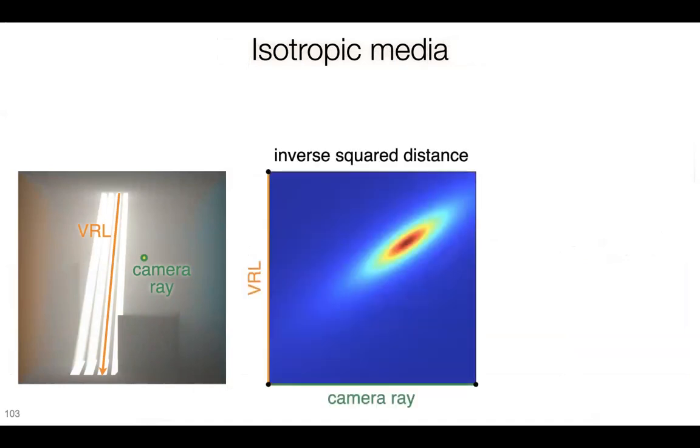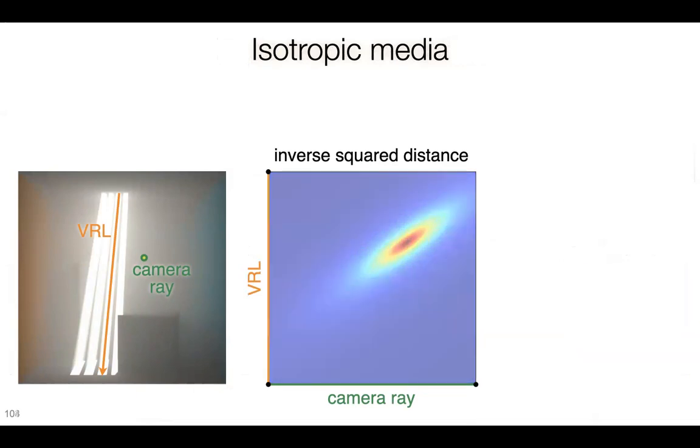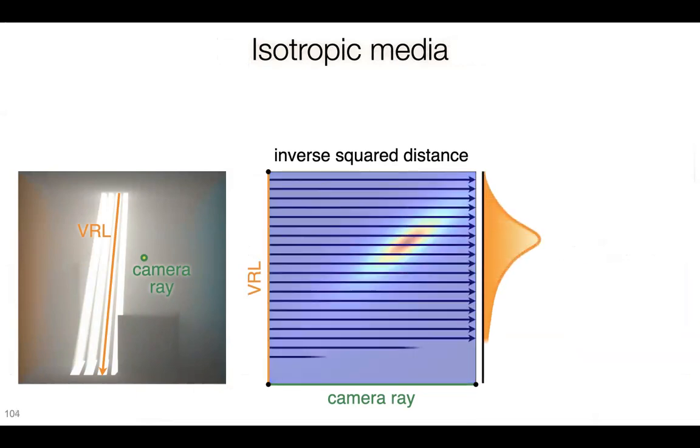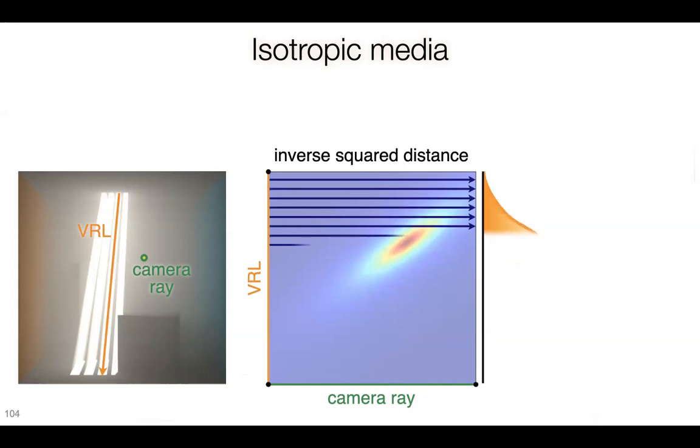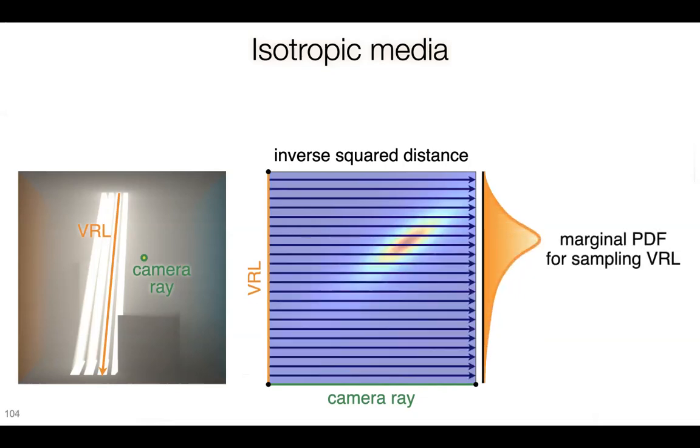then when we want to perform the importance sampling under all those assumptions which we laid down, you want to make sure that your samples are generated in such a way that they mimic well the corresponding curve there. So what we do is perform that conditional and marginal PDF computation which we have seen before. Just to show you again, you marginalize your PDF for sampling VRLs.